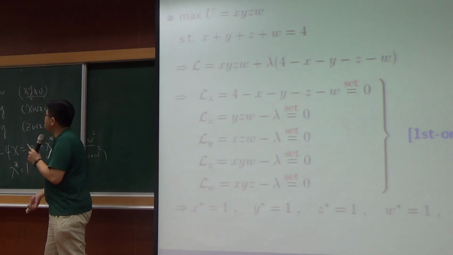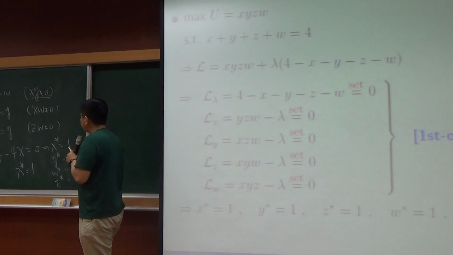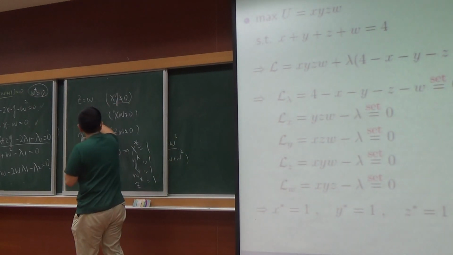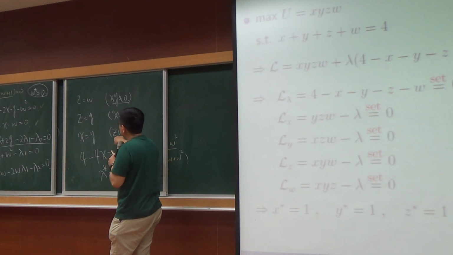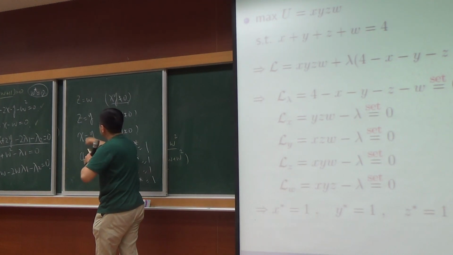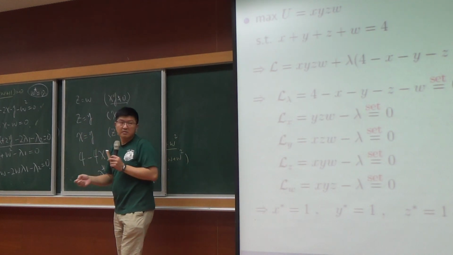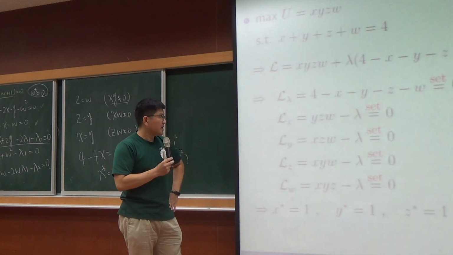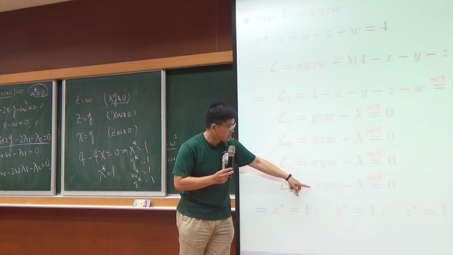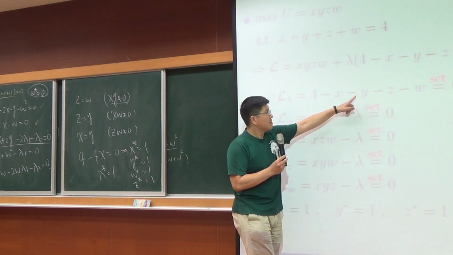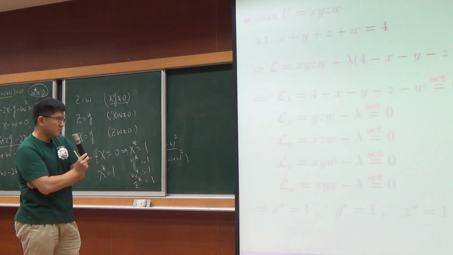And what about if, for example, x equals 0? If x equals 0, so we cannot have this, but if z and w are not 0, then we may have x equals y, right? And x is 0, y is 0. And lambda will be 0. So 0, 0, and zw, let me see.